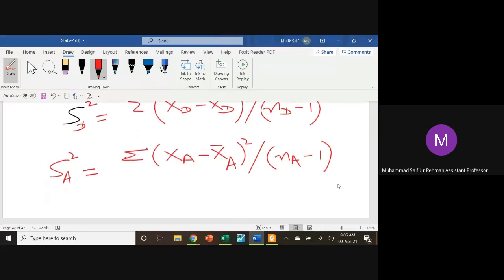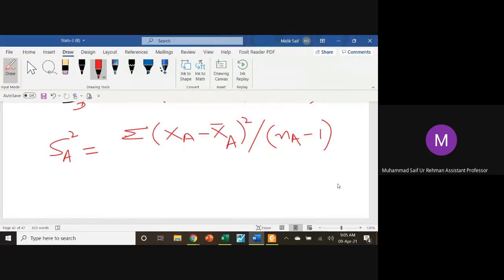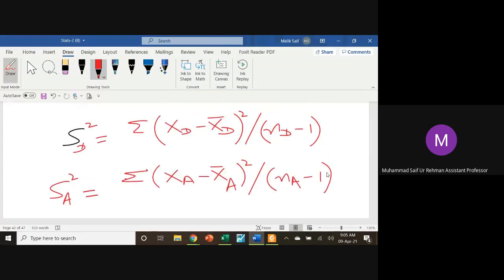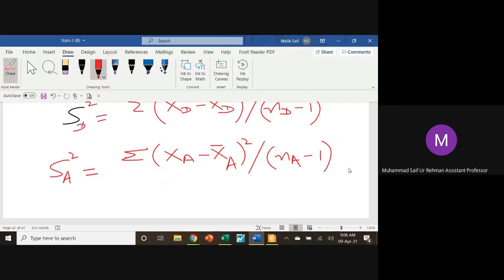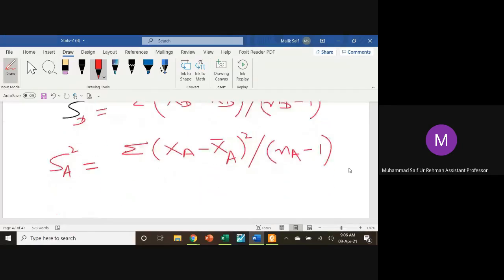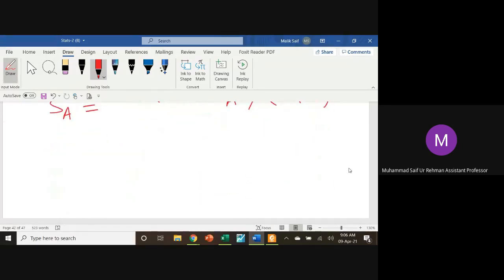But before that, as we normally use the manual procedure, you must know how you will solve the question manually on your answer sheet. For that reason, I am solving it manually. So first of all, you will find out xd bar. How will you find it out? You will add all those values that are there in day shift, and you will divide by nd.